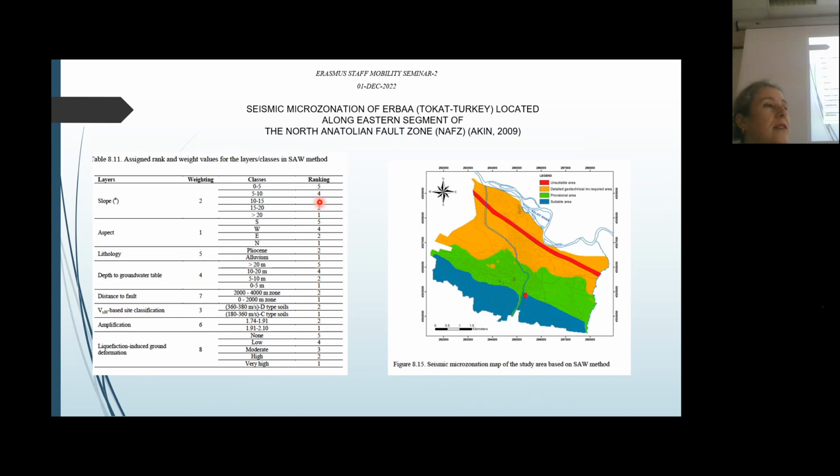With the overlay analysis in GIS, I got two different maps, including liquefiable areas, or let's say unsuitable areas, areas where detailed geotechnical investigation is required, and some provisional or suitable areas, which also comply with the real data for us. So this is what I have done so far.